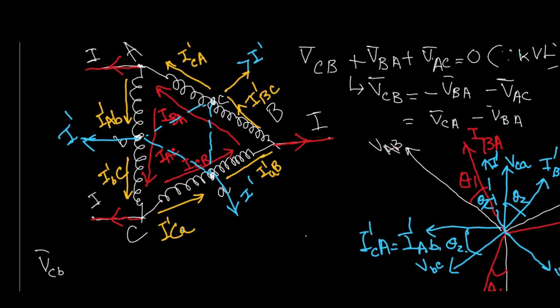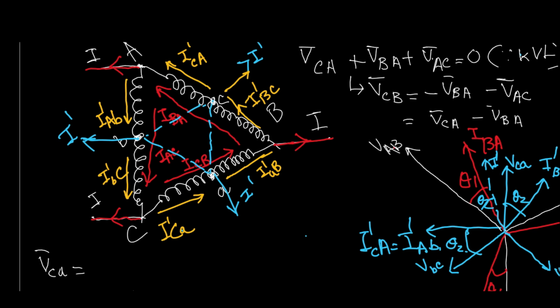We can write VCB, as this is a balanced load. Obviously, the whole winding is balanced and maintaining symmetry. Following the same notion, we can do it for VCA.